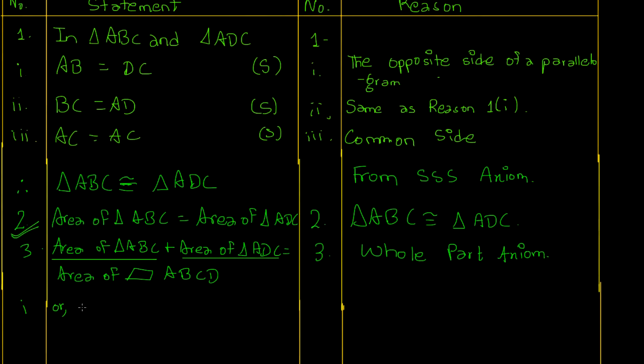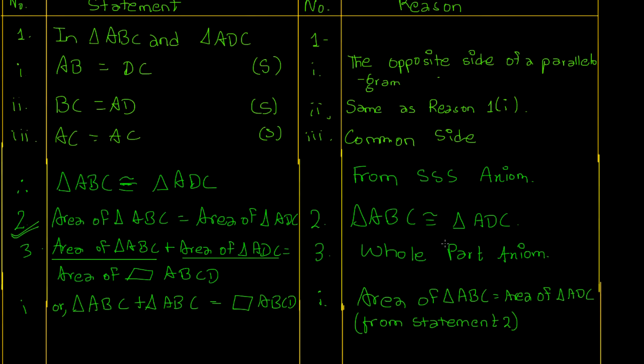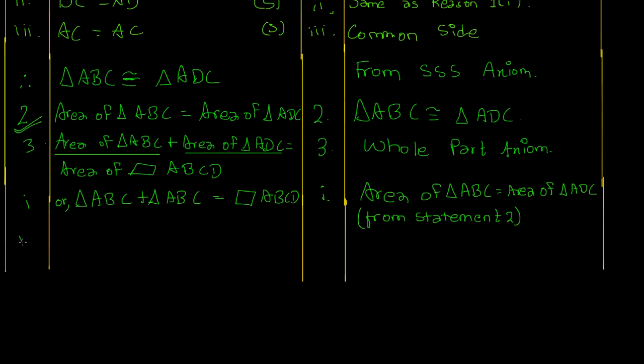So we can write that triangle ABC plus triangle ABC equal to parallelogram ABCD, and simply in the reason we can write that area of triangle ABC equal to area of triangle ADC from statement 2. Okay, cool. So 2, or we know that 2 triangle ABC, because triangle ABC plus triangle ABC is 2 triangle ABC.